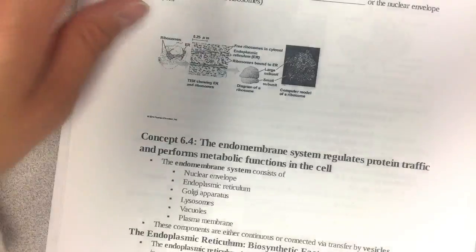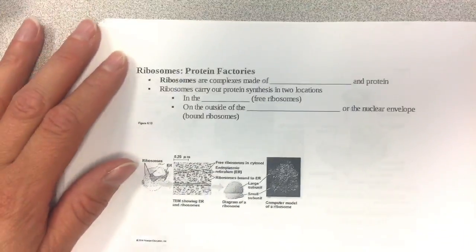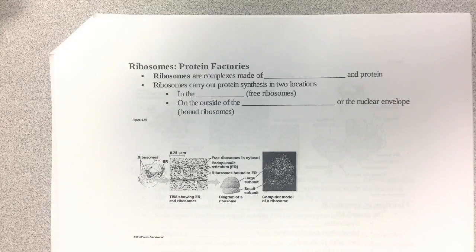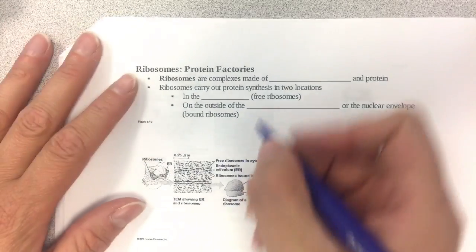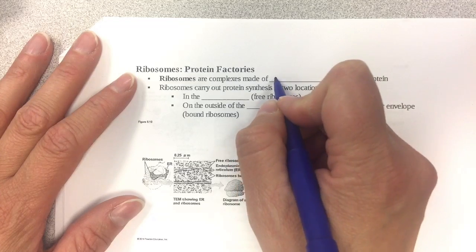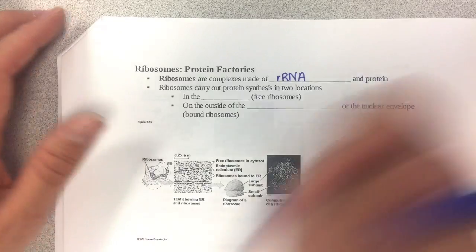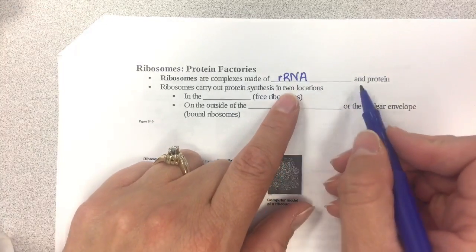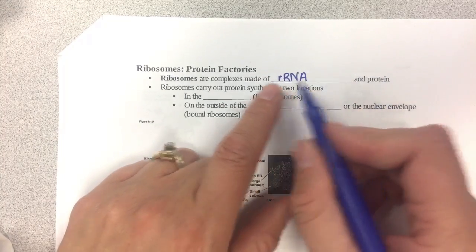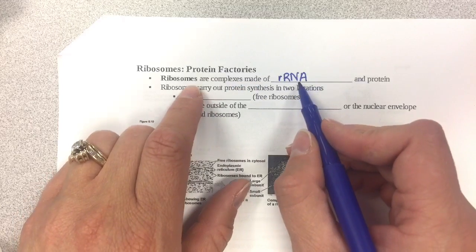So let's look at ribosomes. This is where we said proteins are made, right? They're complexes made up of ribosomal RNA, or rRNA. And remember where those are made?